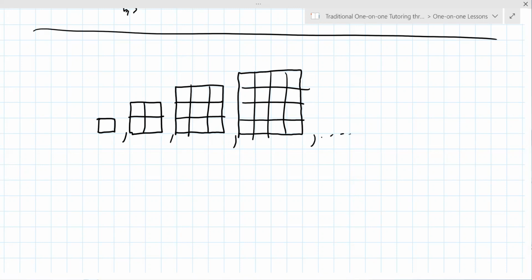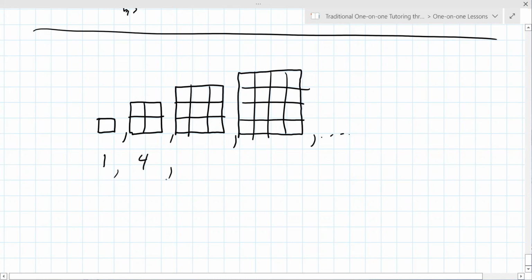It's getting a third bigger every single time. So I like to count the number of squares. How many small squares do you see in this first one? 1. How many are here? 4. And how about this one right here? I see 9. And then this one has 16.